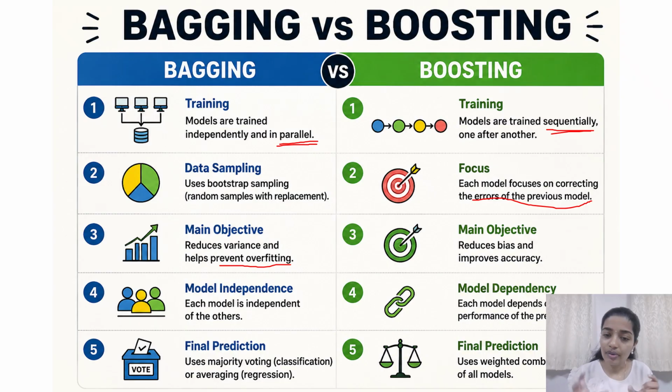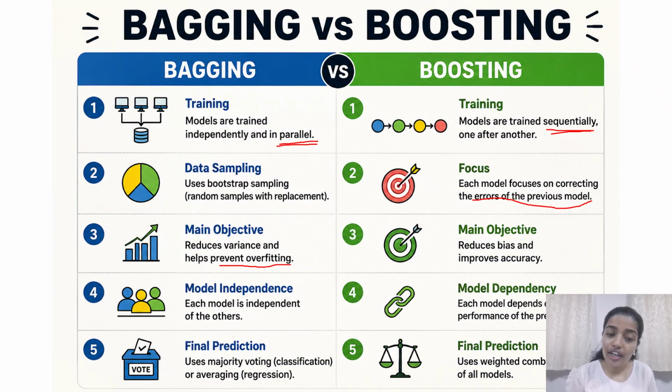The main aim of both of them is to improve, but boosting can give us better accuracy because the errors caused will be minimal. So if we really want our model to perform accurately, then we should prefer boosting.